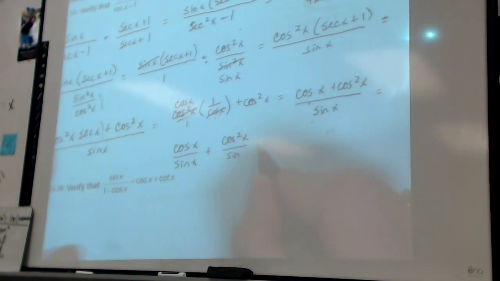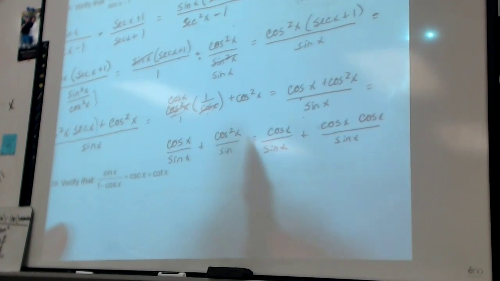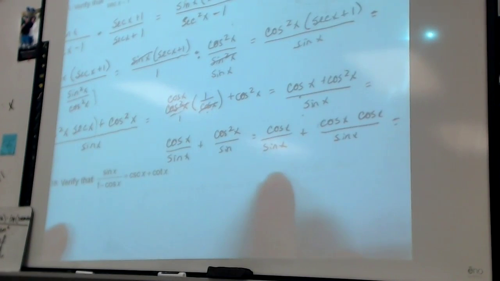Yeah. All right. Something's bugging me here, though. I want to rewrite this right here. Let's do cosine x over sine x plus, and I'm going to do this. See what I did? I took the cosine squared x and wrote it like this. That makes it a little clearer. All right, so you said cosine x over sine x is equal to what?